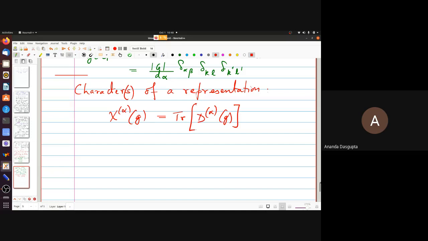Everybody is sure about the steps involved? Suppose somebody gave you an operator representation on a vector space. How would you define the character of that representation? Somebody tell me, how would you do that?